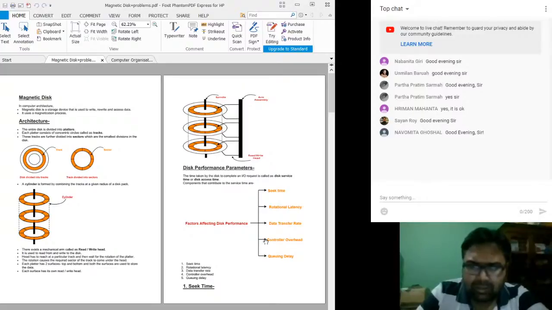Although these are not used that generally, you should know that they are sometimes taken into account. Although they are minimal in comparison to the rest of the three, in some questions you might get this. So: seek time, rotational delay, data transfer rate, controller overhead, queuing delay.